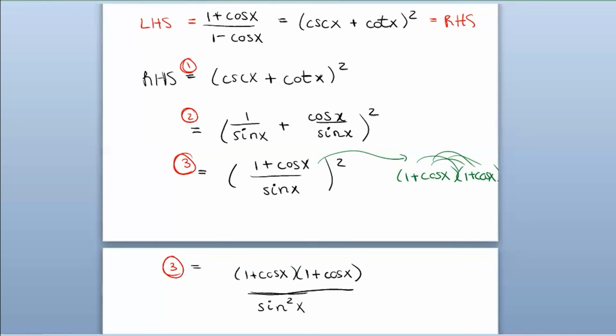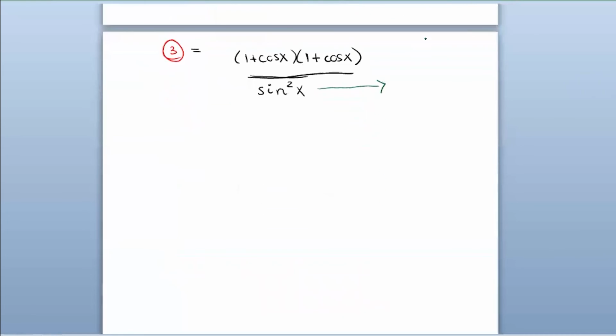Once again, let's take a look. I want to have a 1 plus cosine x in my numerator. I have that, so that's great. I also want to have a cosine in my denominator. Well, I don't have that right now. I have a sine. So what identity could I use to change this into something in terms of cosine? Well, I could use my Pythagorean identity.